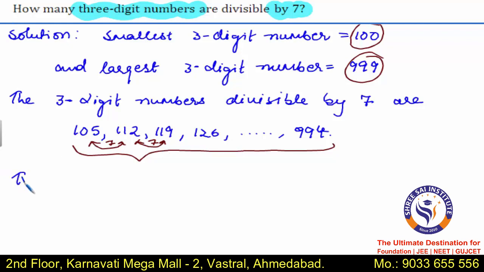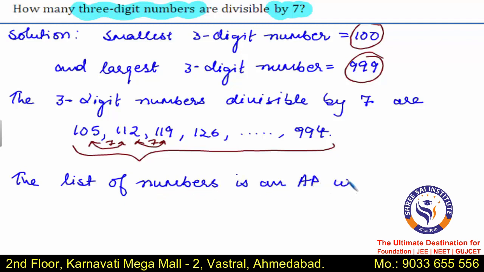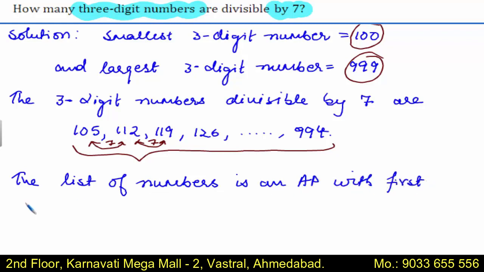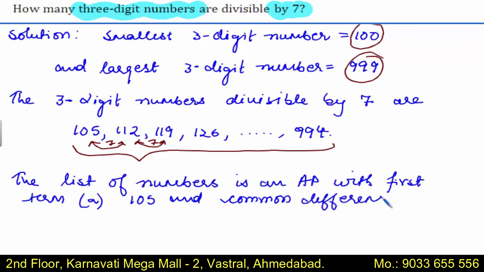Thus, the list of numbers is an AP with first term, denoting it by A, 105 and common difference, denoting it by D, is 7.